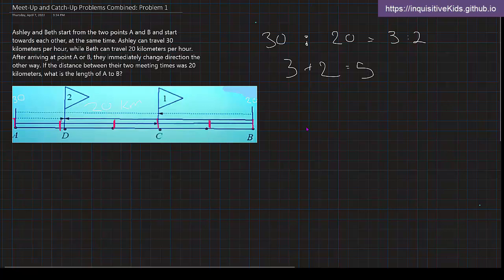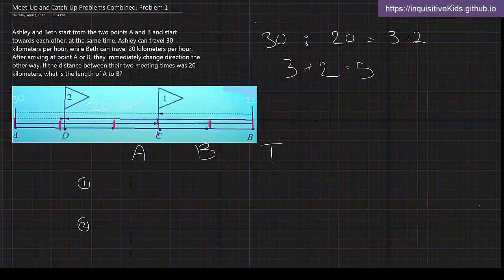Now we're just going to make our normal chart, right? So I'm going to have 1 and 2 on this side just to represent the number after how much times they've already met. And this is Ashley, Beth, and I'm also going to add a T for total. So let's first think about the total. At their first time meeting, so we're just thinking about when they've met once, how much have they walked?